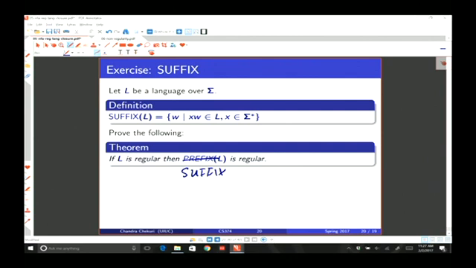Yeah, so it's tricky. We should accept a string if I can tag something onto it, right? So it's very similar to prefix.